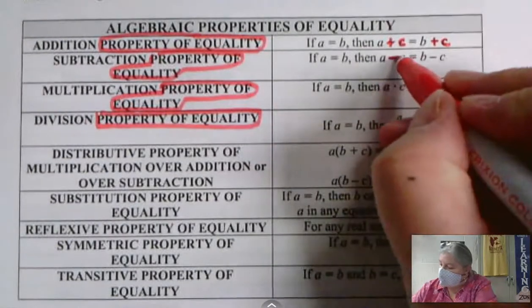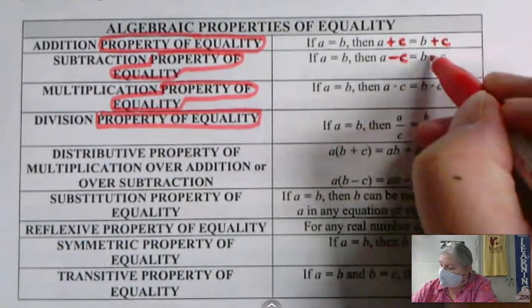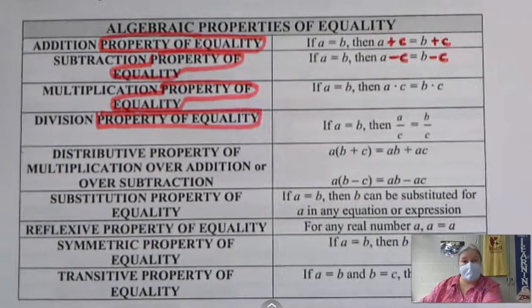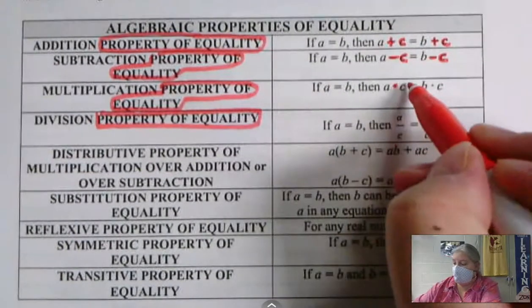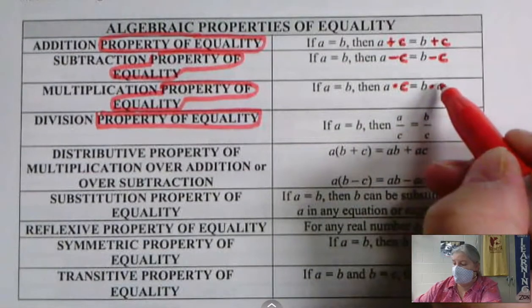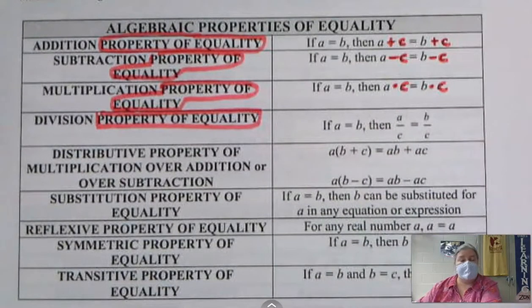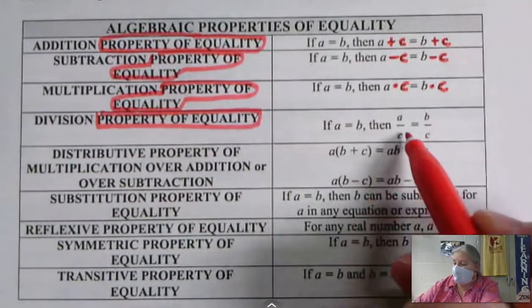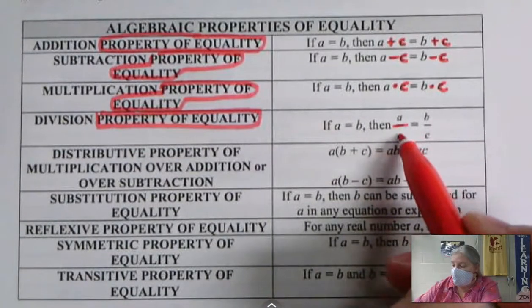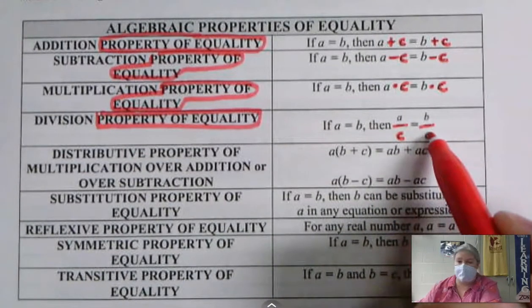If you subtract the same thing from both sides, that's okay because of the subtraction property of equality. If you multiply the same thing times both sides, then yes, it's still equal, it's still all good because of the multiplication property of equality. And finally, this one is saying if you divide both sides by the same thing, that's okay.